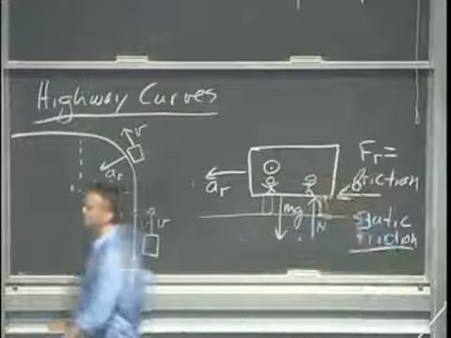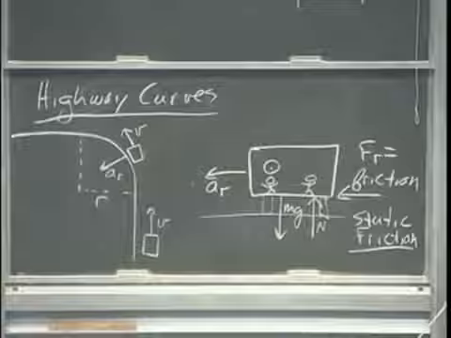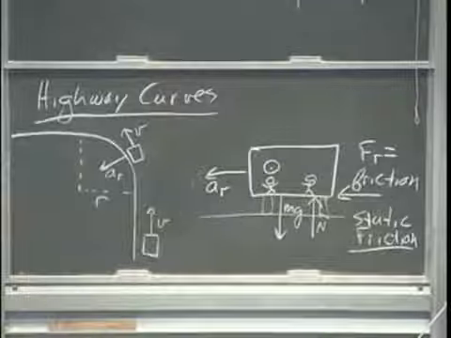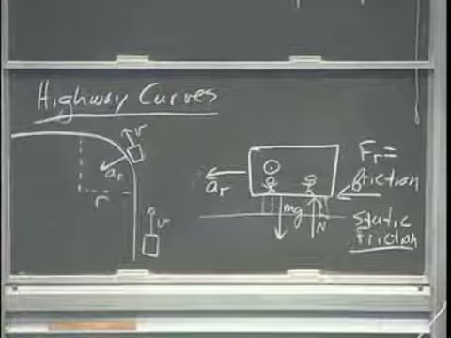We've already talked a little bit about what happens to our perception of forces when you're in an accelerating frame of reference, and that's that we can measure real forces acting on us. For example, we talked about the elevator.